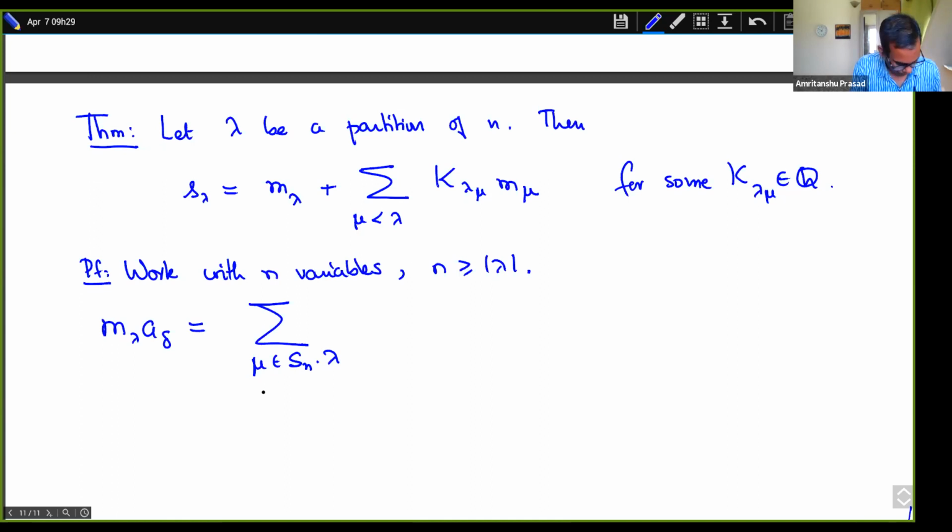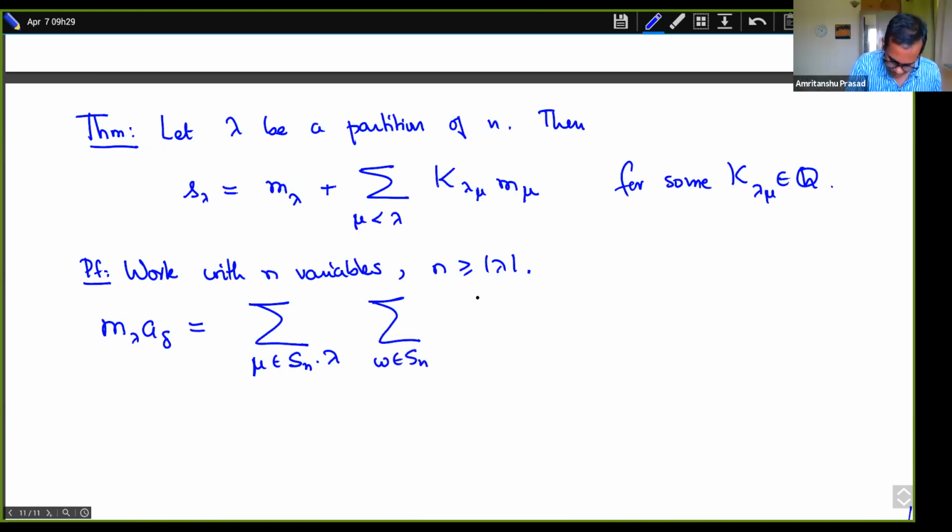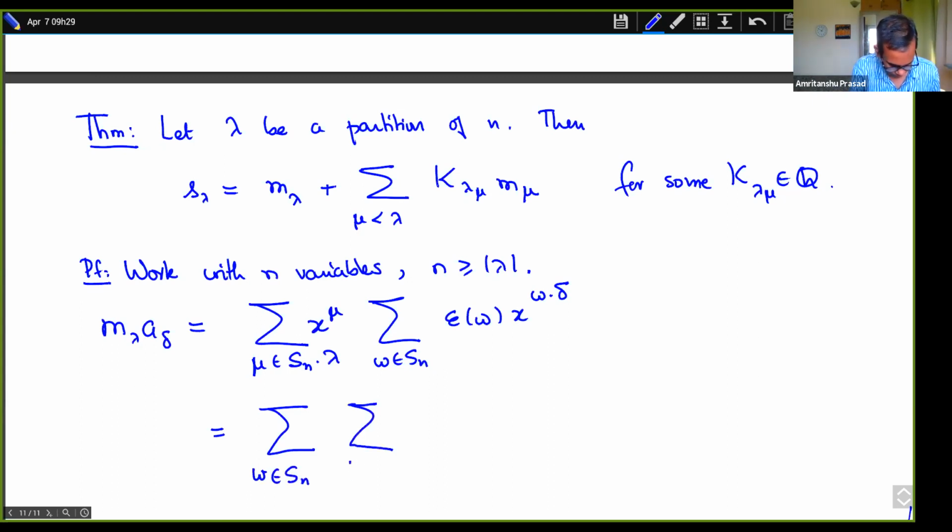And then we are expanding this determinant, we get w belongs to Sn. And so this is, well, maybe this is just x to the mu, and this is epsilon w x raised to w dot delta. And so I can write this as a double sum. And for good measure, I'll also interchange the sums.